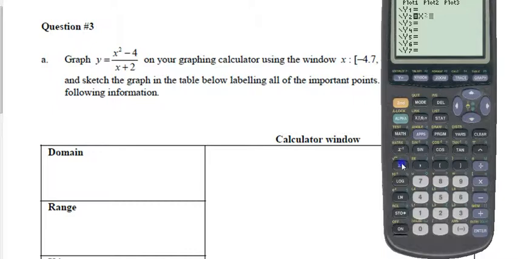Just graph it ourselves, right? I want to put that in brackets. X squared minus 4 divided by x plus 2. Oh, but it's crazy. Wow.